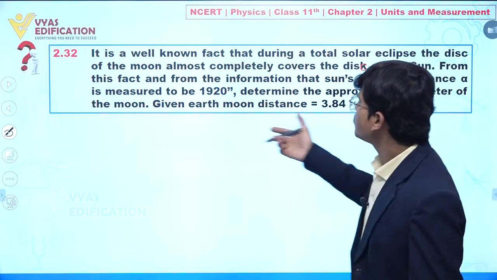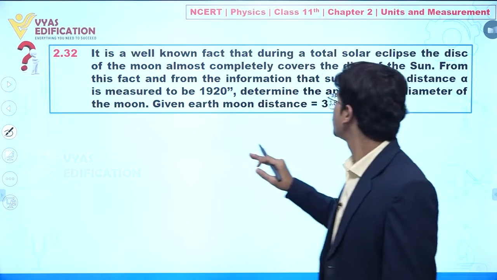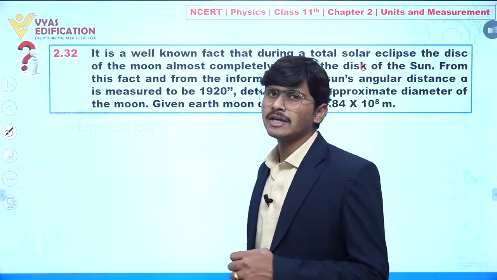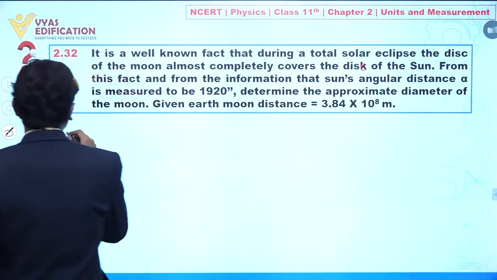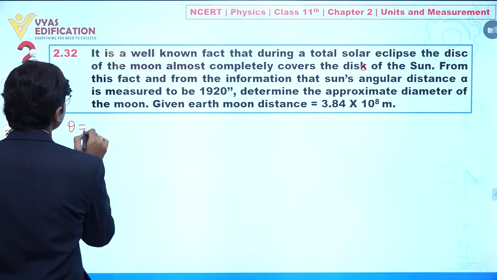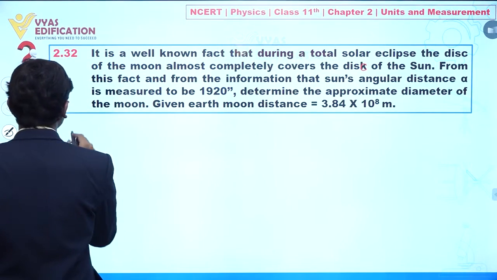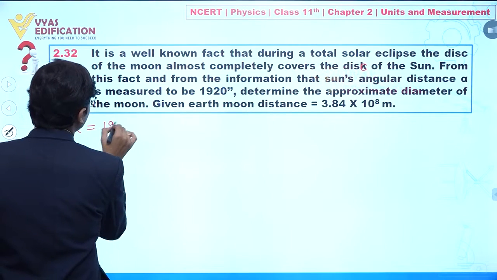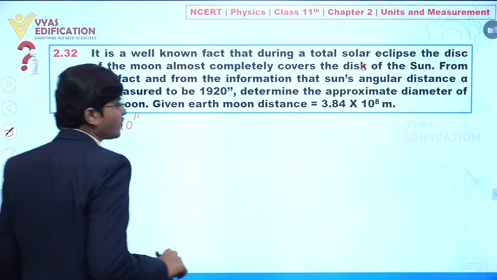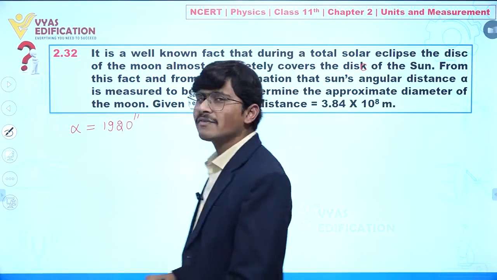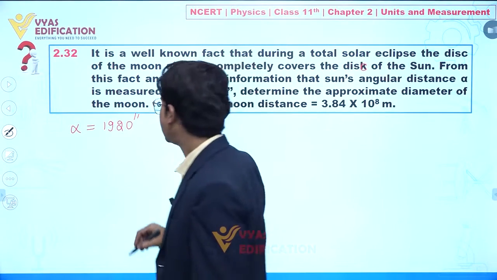Fine. From this fact and from this information, the sun's angular diameter is measured to be 1920 second. Clear? It means you can say angle theta, or actually it is given here angle alpha. Angle alpha is given to you 1920 second. Clear? 1920 second. So can we convert this 1920 into radian? Yes.